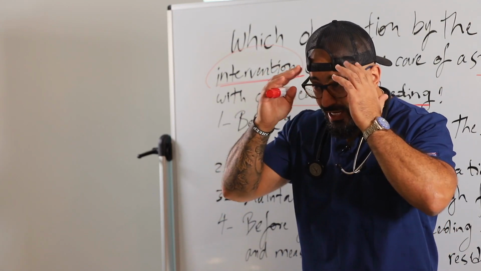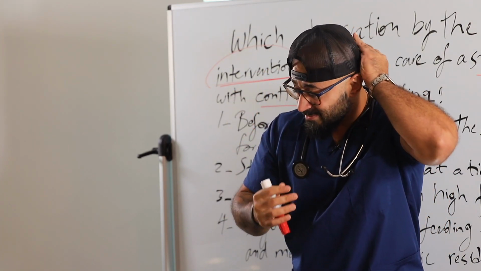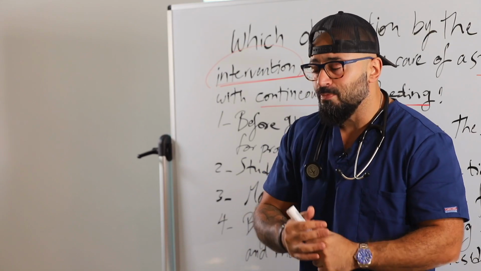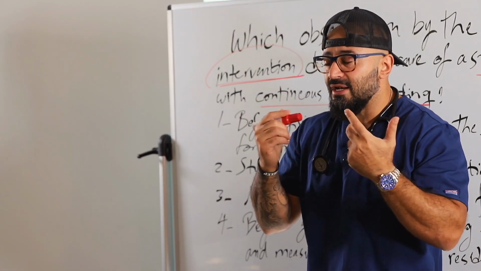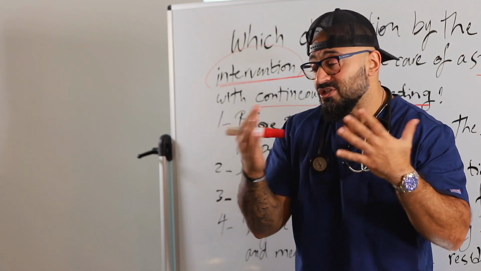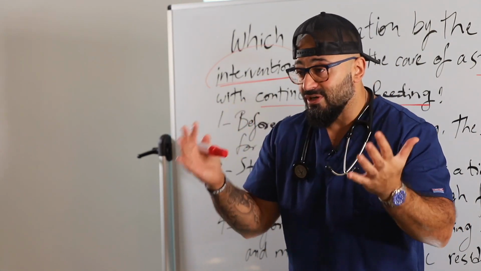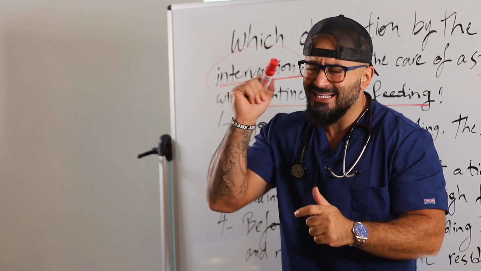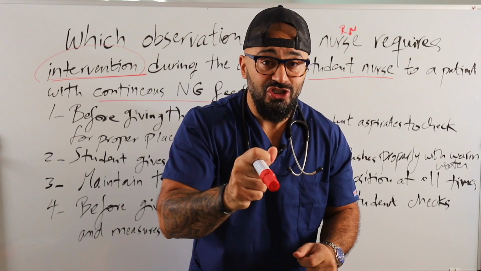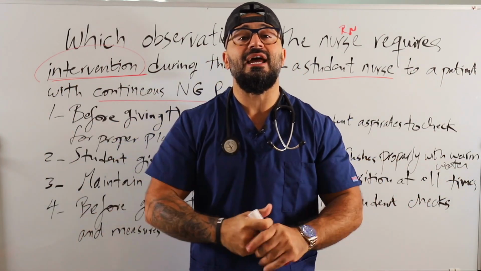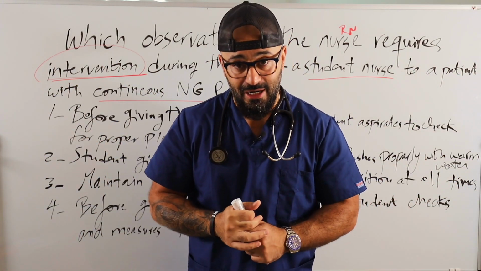In my head, I close my eyes and visualize myself in a patient room, and that patient has an NG tube. The student nurse wants to feed the patient, or give medication, or whatever the case might be. What is that student nurse doing that's going to alert me to say, "Oh, I've got to intervene"?